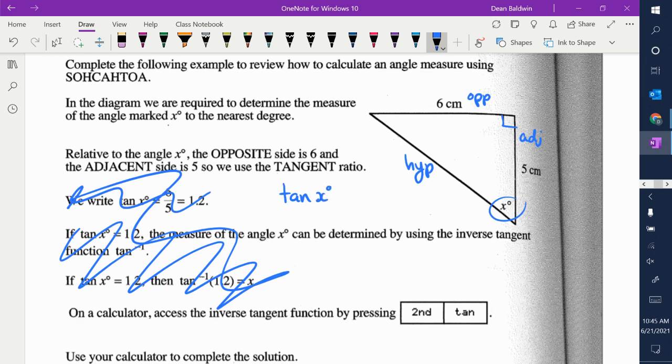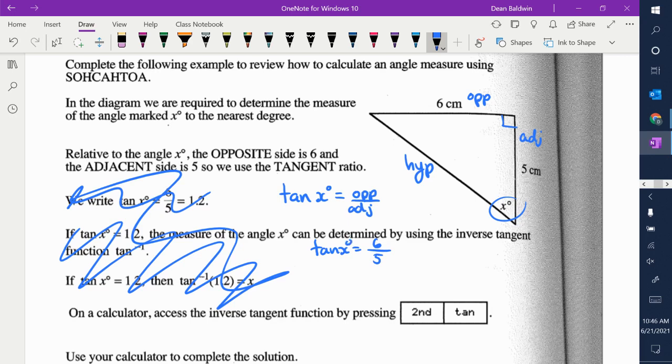The angle always goes with the trig function, sine, cosine, or tan, equals what side over what side? Opposite over adjacent. Then you just fill in the blanks. So tan of x, opposite is 6, adjacent is 5.